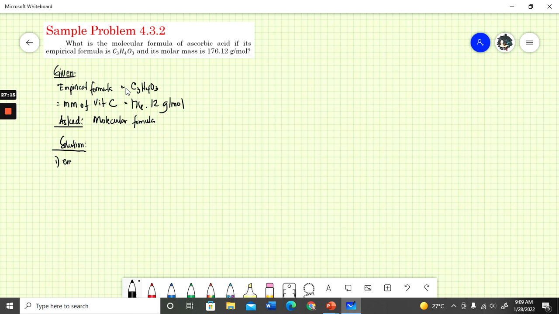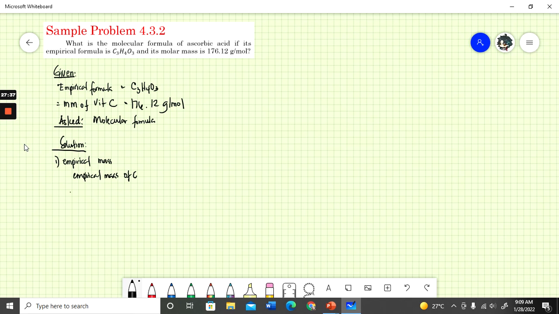So what we're going to do is find the empirical mass. In order for us to do that, we have to find the empirical mass of each individual element. So, the empirical mass of carbon.